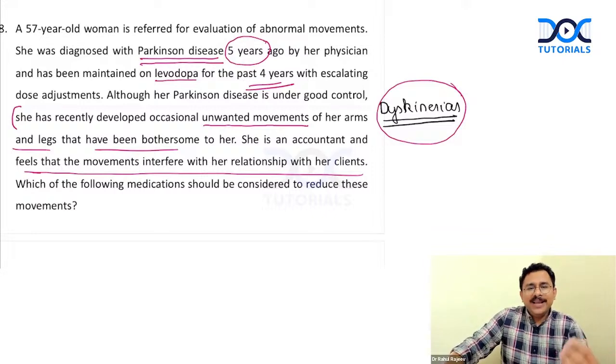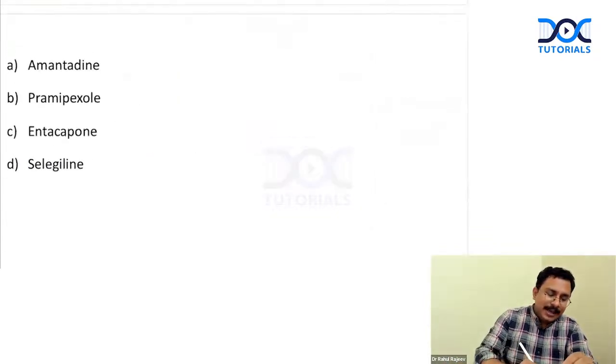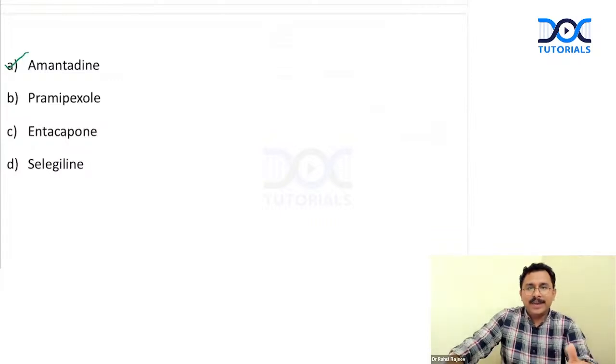But to bring about a control of dyskinesia, there is one drug which is very useful for the control of levodopa-induced dyskinesia. Now, what is that drug? It is amantadine. Remember, option A, amantadine, as an anti-Parkinsonian drug, everyone knows that this is a drug which is beneficial for the treatment of Parkinson's disease.